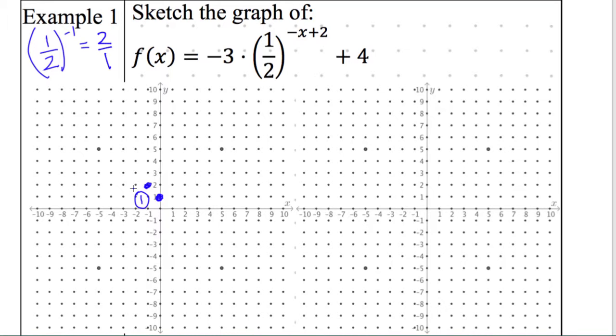I also need to do step 2. What was step 2? Horizontal translate by the opposite of the constant. So it's your 2 and move it left 2. Left 2. Okay, let's do that. So left 2, 1, 2. Left 2, 1, 2. So what we just did right now is step 2.